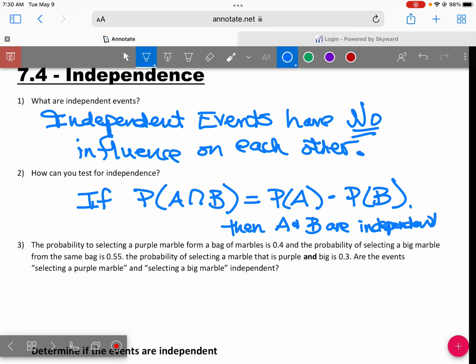If the probability of A and B is equal to the probability of A times the probability of B, then A and B are independent. If they are not equal, then they are not independent, which means they are dependent.